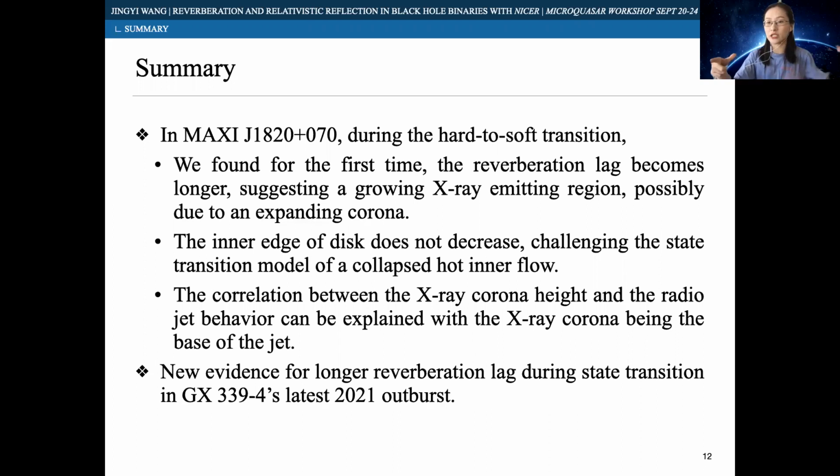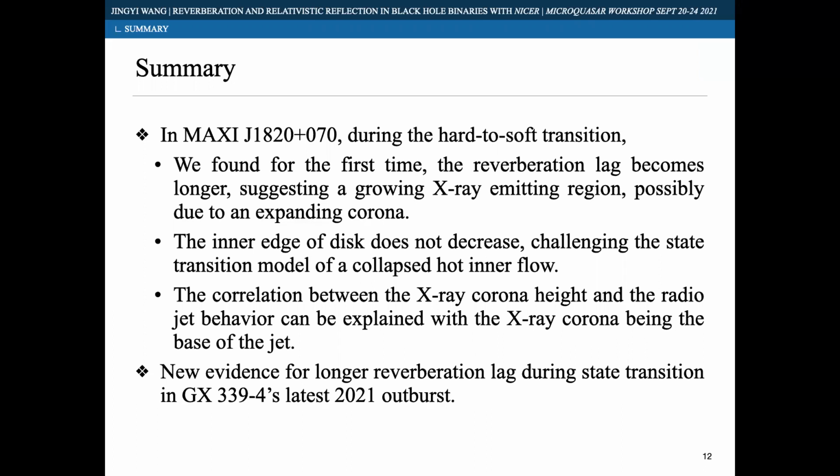If the inner edge of the disk moves inwards, you would expect the red wing to increase, right? Well, the blue shift could be due to the outflow. Yeah, so I guess there are some caveats when you only look at the iron line profile, but we also did the reltrans modeling of the flux energy spectrum. And we found no decrease in the R_in.